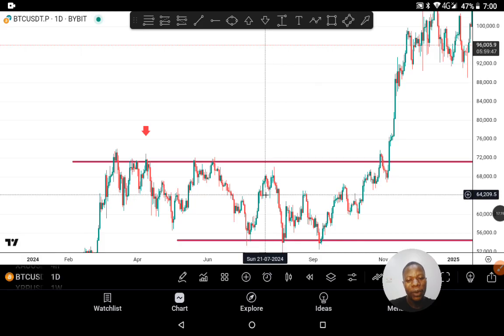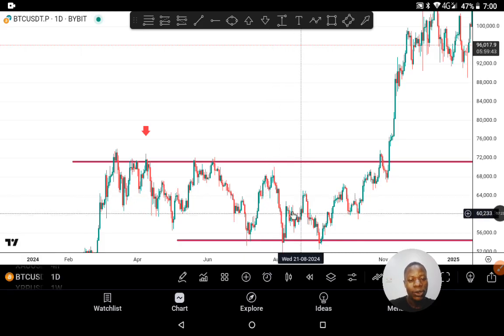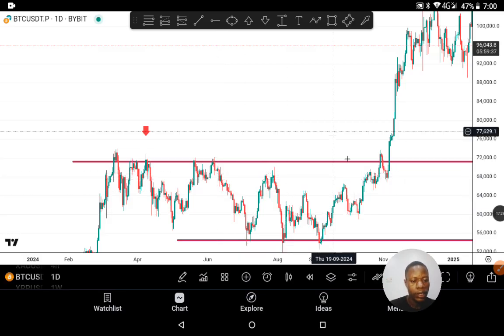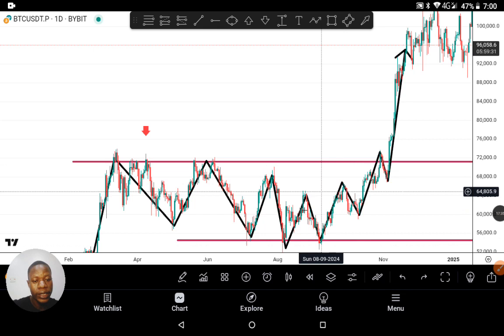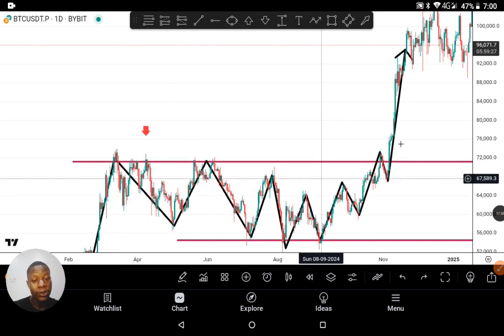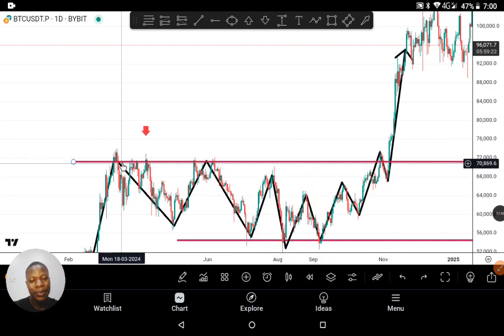Can you spot a break of structure here? Yes, I can. Where do we have a break of structure? From this point, like I said, I just try to mark the swing high and swing low with this marker. You can see that the market has been giving us a break of structure at this level.